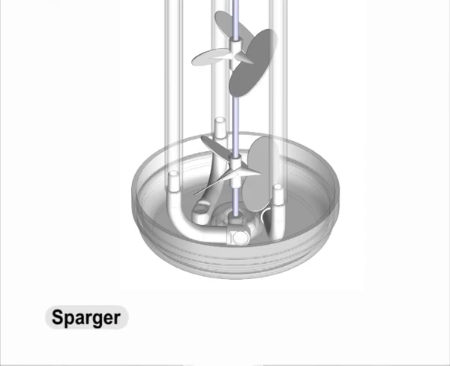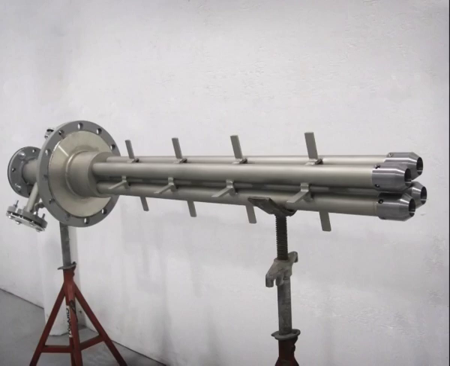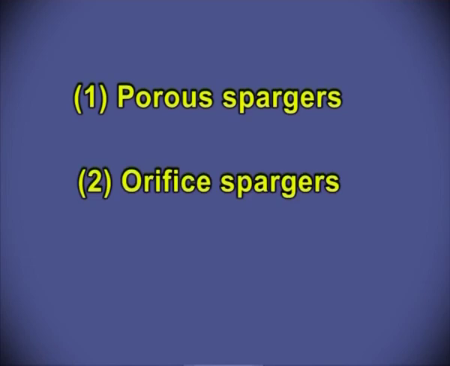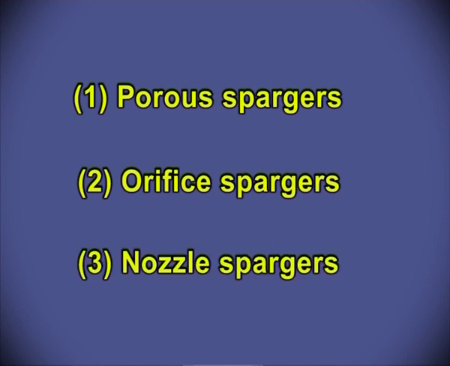Coming to the fourth one, sparger. The device used to introduce air into the fermenter broth is called sparger. Spargers are of the following three basic types. First one, porous spargers. Second one, orifice spargers, and the third, nozzle spargers. In the small fermenters, a combined sparger agitator may be used.